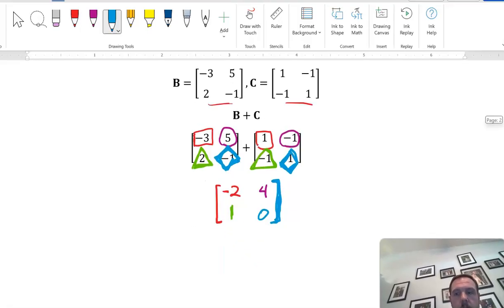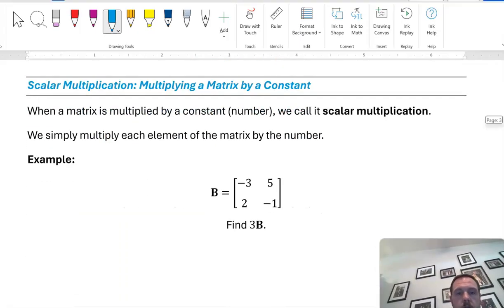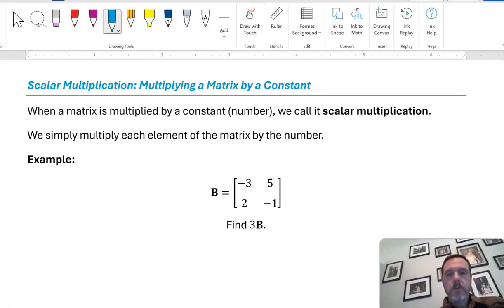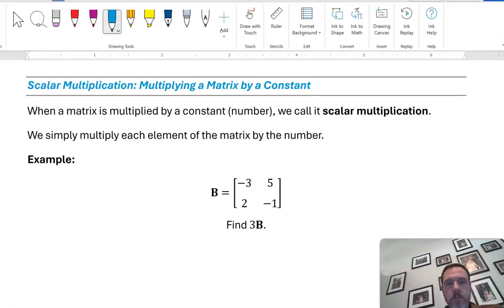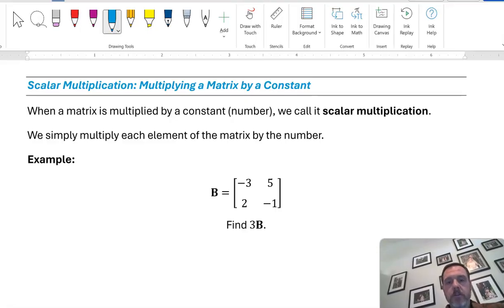Okay, so number 5 should be pretty easy. Let's move on to one more thing here, and that is not matrix multiplication, but what we call scalar multiplication.